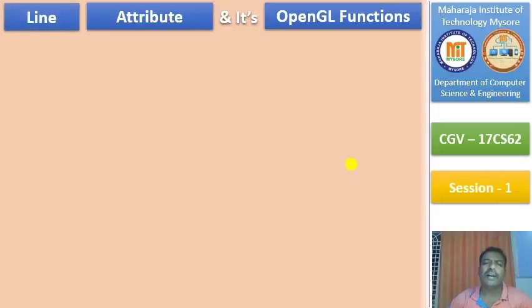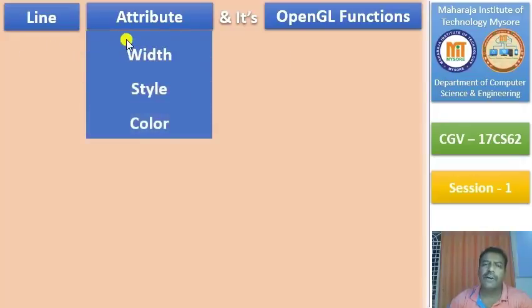Similarly, we will look at the line attributes and their OpenGL functions. Similar to the point, we are going to have attributes for the line, which are the width, style, and the color. When I talk about the color, it is almost the same OpenGL function that I used with the point; the same function is used with the line attribute also.